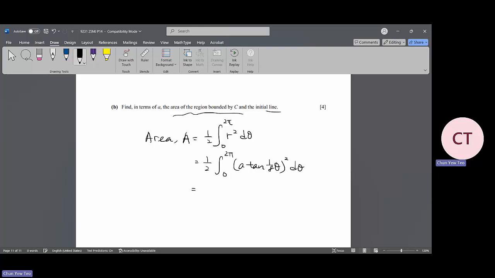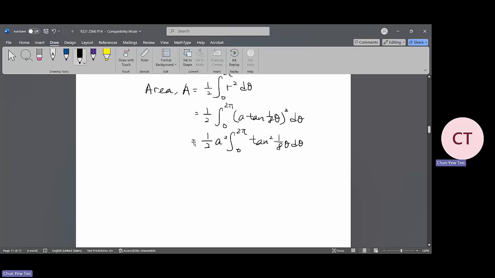So it will be half a squared, from 0 to 2 pi, tan squared (1 over x theta) d theta. To integrate tan squared, we need to convert it using the trigonometric identity with secant squared. So you will get the relation tan squared is sec squared minus 1.